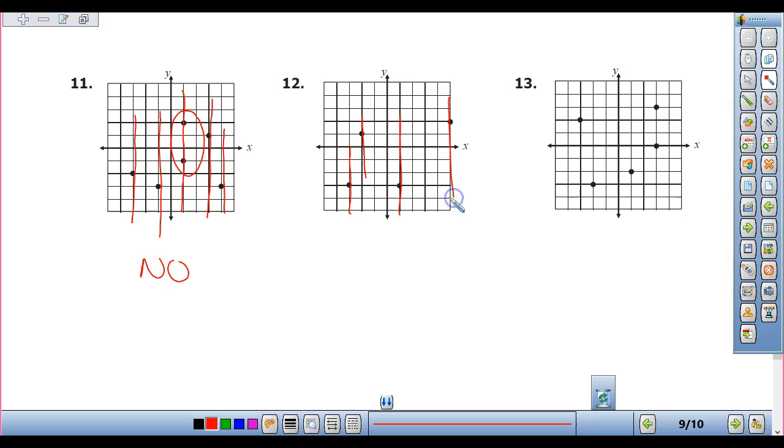Any of those go through more than one point? No. So it is a function. How about 13? This line right here goes through more than one point, so that's not a function.